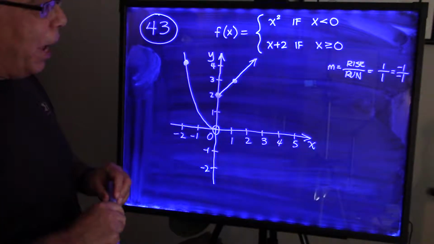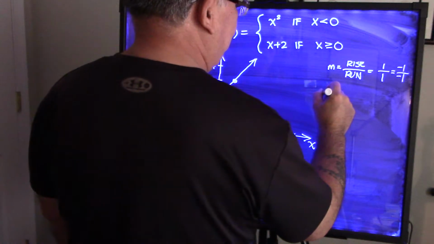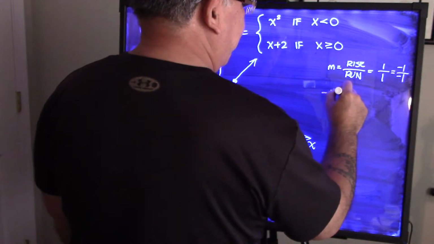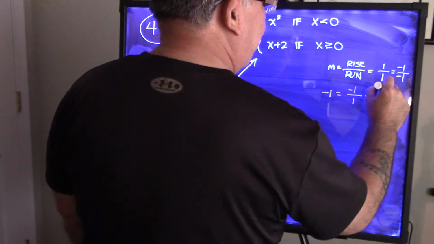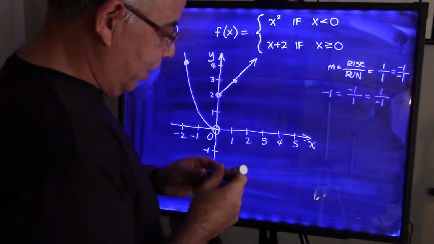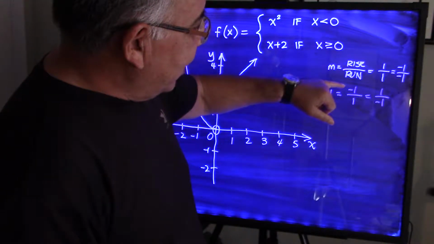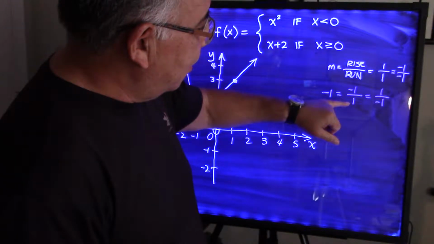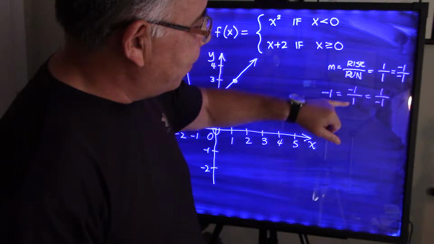Now if the slope were negative, for example -1, you could write that as -1 over +1, or +1 over -1. Both of those are equivalent to -1. A rise of -1 means you go down 1, and a run of +1 means you go to the right 1, down 1 to the right.